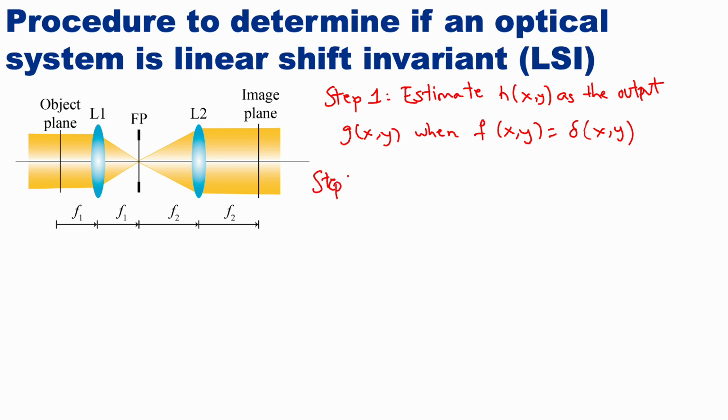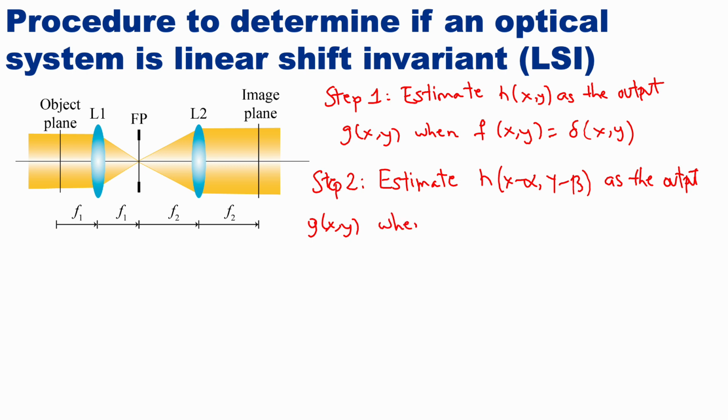Then your second step is you estimate your shifted impulse response as the output g when now your input is no longer your center unit, it's just your displaced delta.